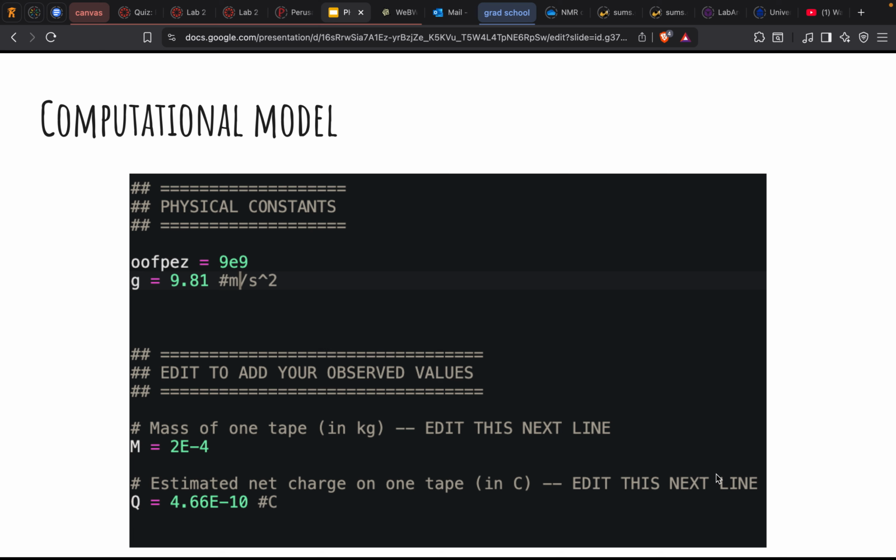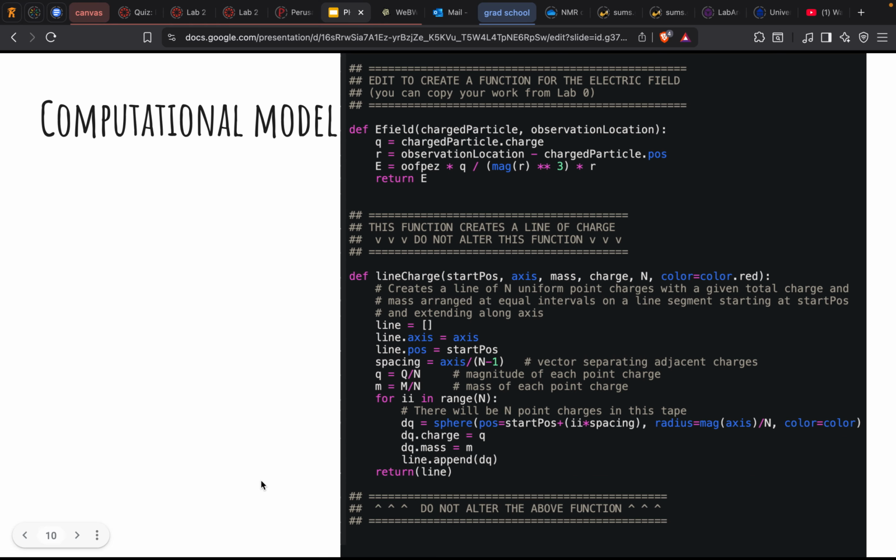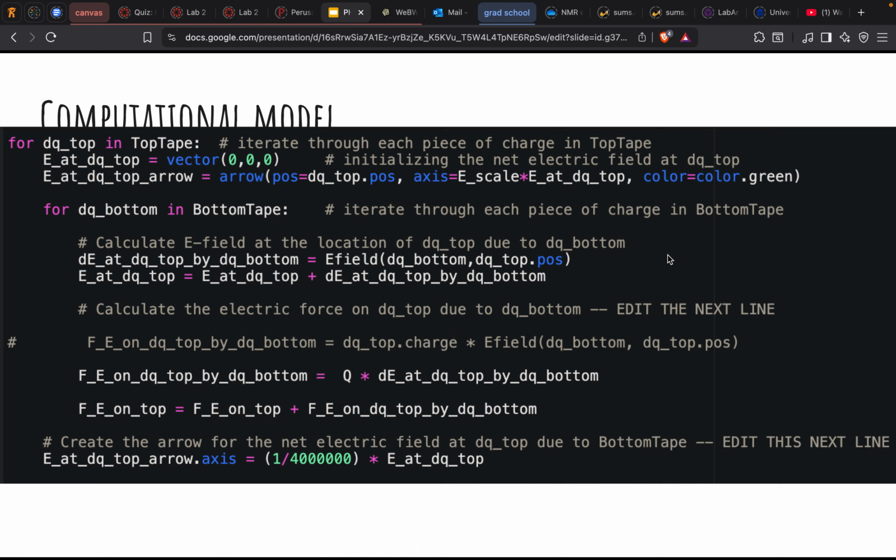Now let's discuss our computational model. Here are the numbers we used in this model. These are constants. This was the mass of our tape, and this was the estimated charge on the tape that comes from the point charge model. Next we used the same E-field function as last time, and this line charge function creates a line of charge.